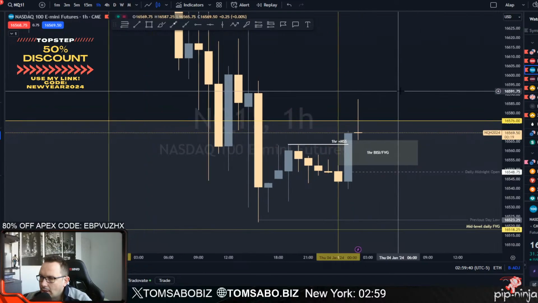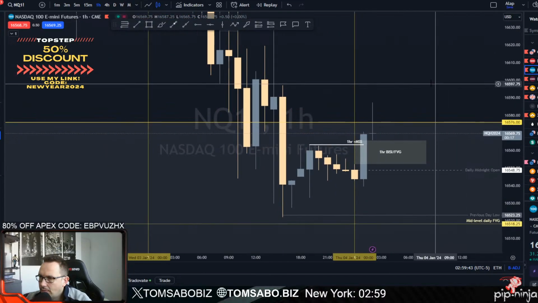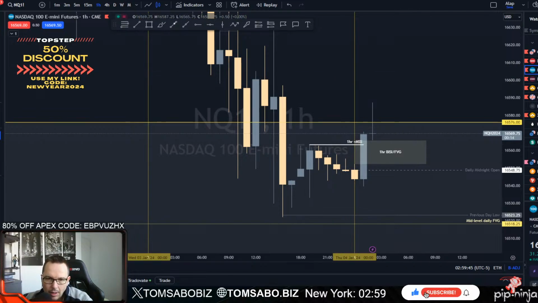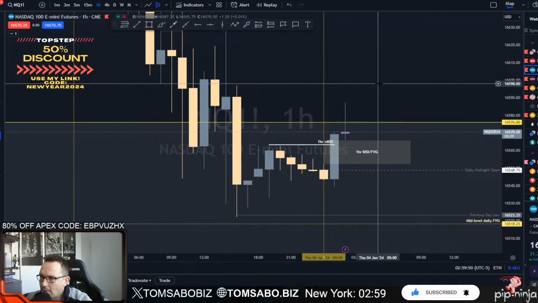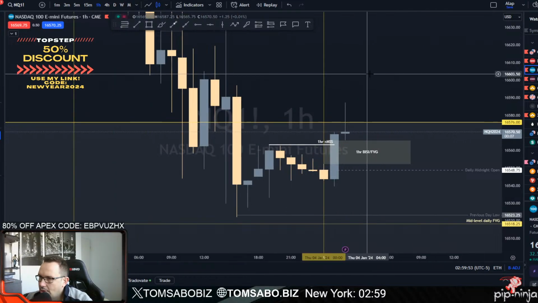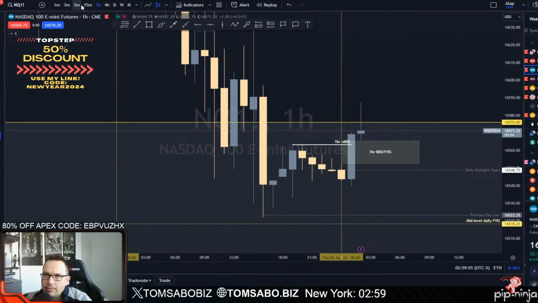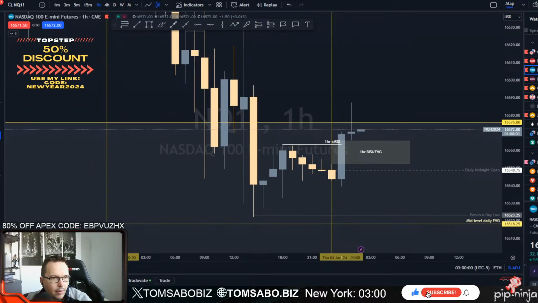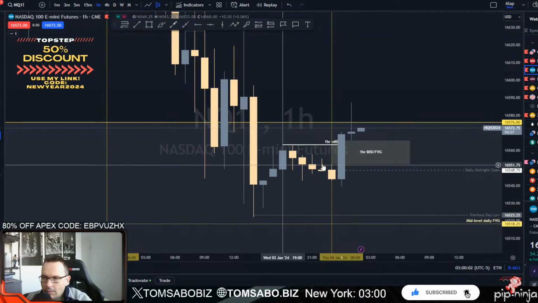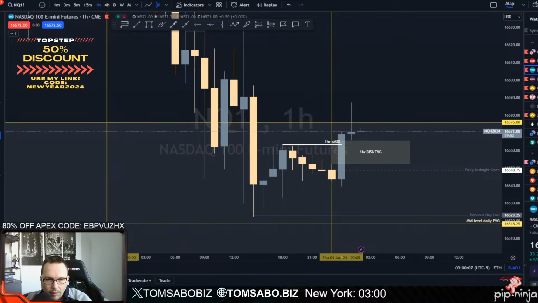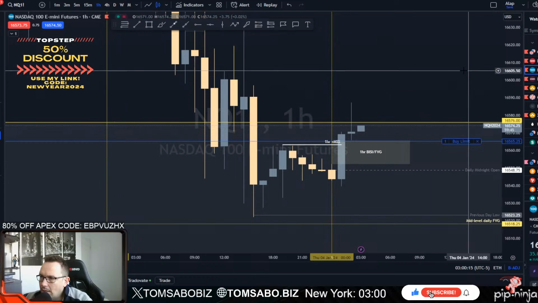So this is a challenge account, nothing fancy. Breaker structure, pullback to support, engulfing candle, etc. Yeah, you have everything here. It's a buffet. Okay, so the 1 hour is closing now, and I'm putting a buy limit right there.